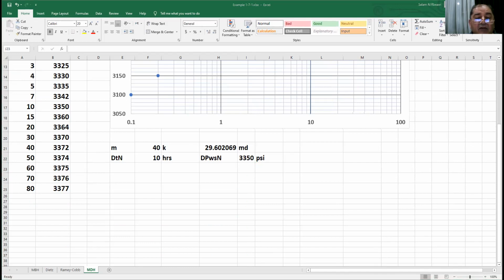Now we are going to calculate what? Let me bring the model in front of you. You are going to calculate delta t_DA for the time point. This is the model.